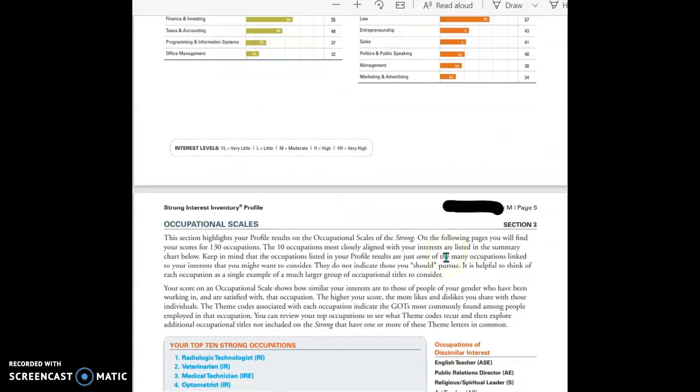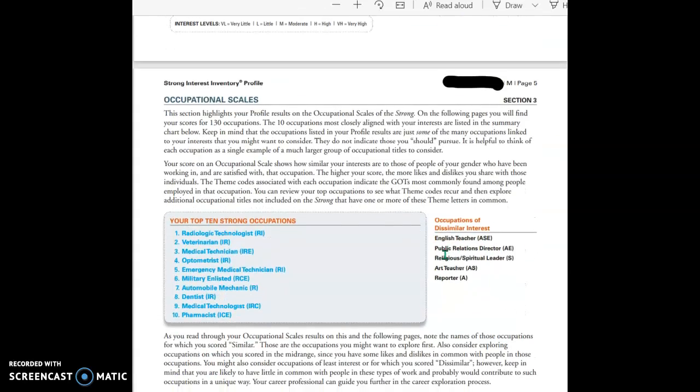As we move to the next page, page 5 shows your top 10 occupations, and will give you the 10 occupations that most closely align with your interests, as well as 5 that are most dissimilar from your interests.